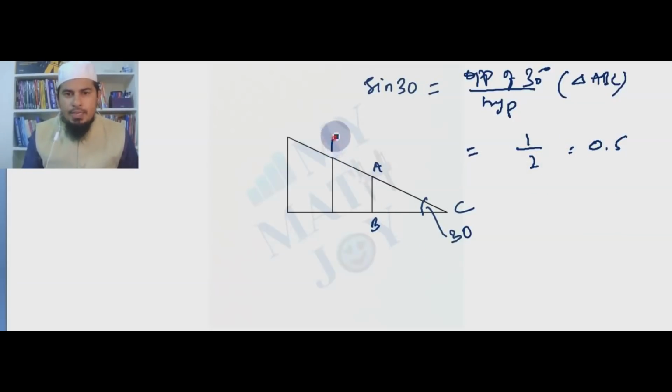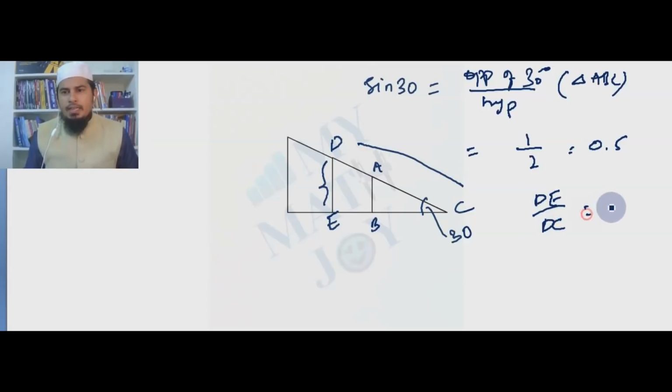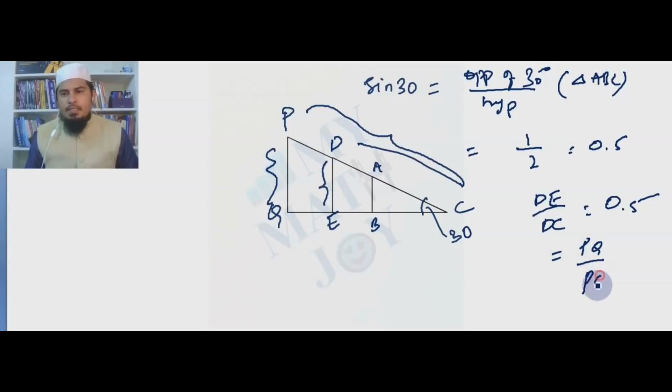Similarly, if you take another triangle DEC, measure DE and DC, and divide DE by DC, you will get exactly 0.5. If you take triangle PQC, measure PQ and PC, and divide PQ by PC, again it should be 0.5.